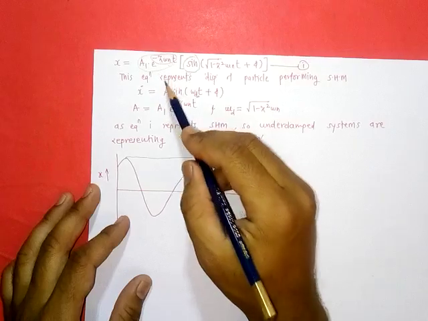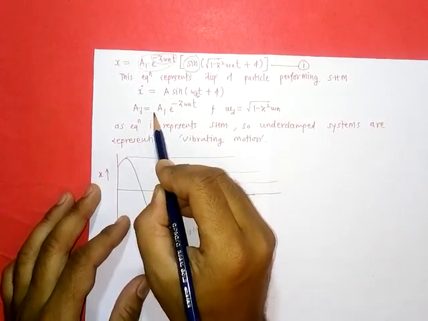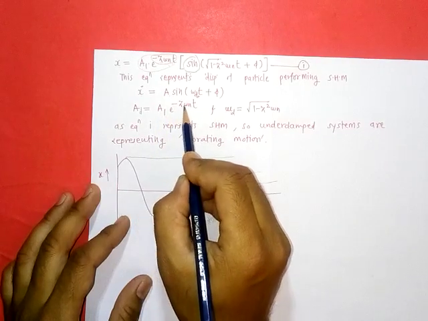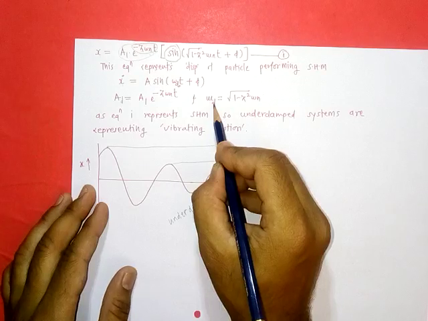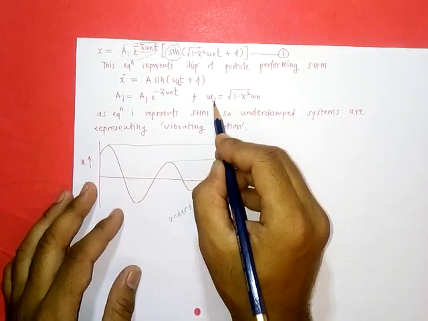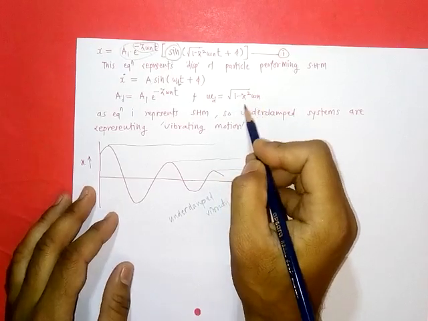If you compare corresponding terms, then the amplitude of the damped system AD is equal to a1 e raised to minus zeta omega n t, and the frequency of the damped system omega d is equal to under root 1 minus zeta square into omega n.